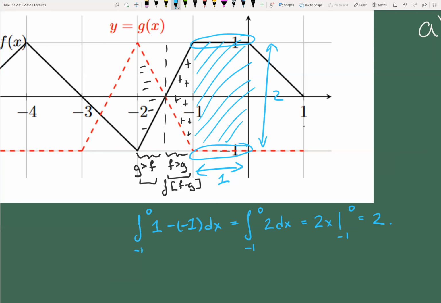So signed area, no, it totally matters, Davin, right? Because that's how we canceled out these areas. So it is signed, but what we don't care about is which is above 0 and which is below 0, because you see the extra minus sign here takes care of that.